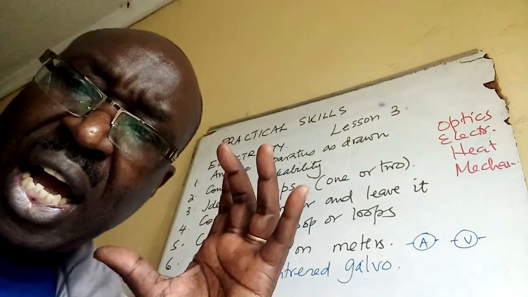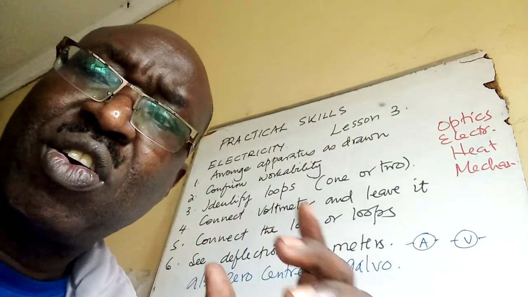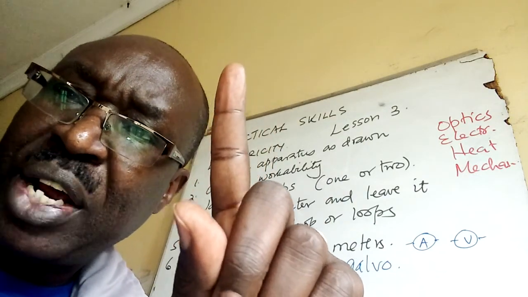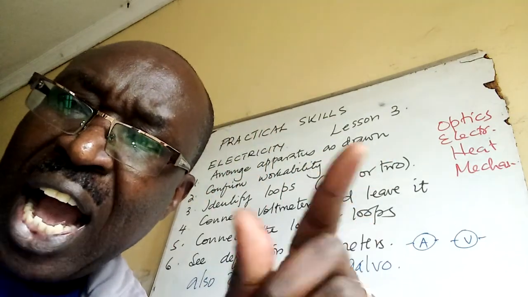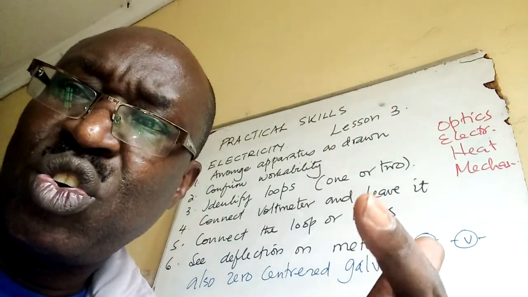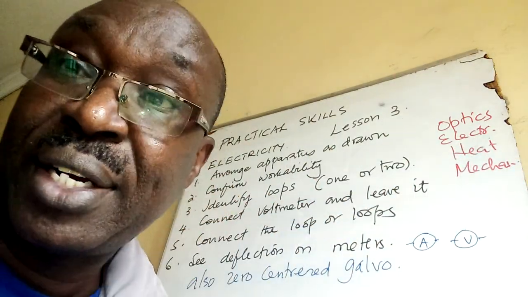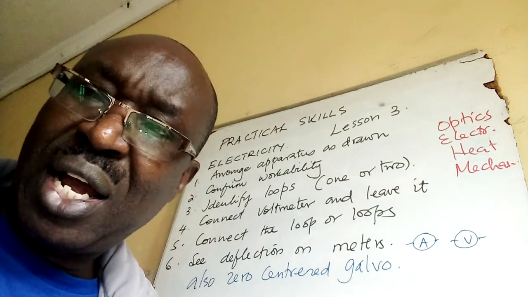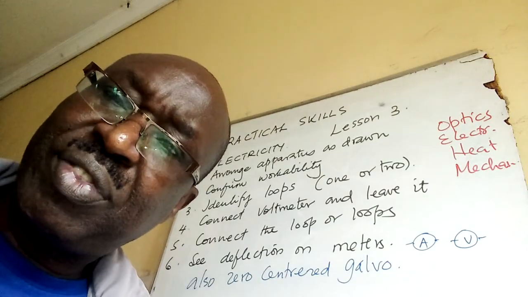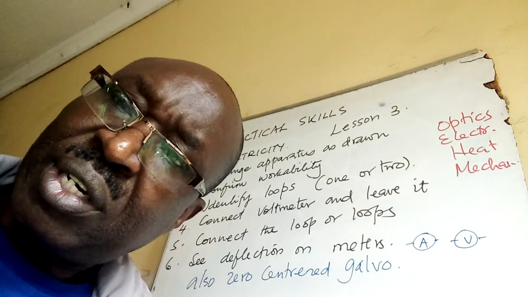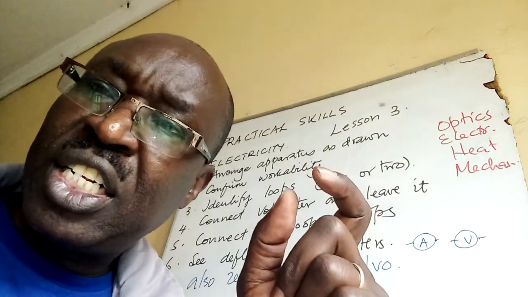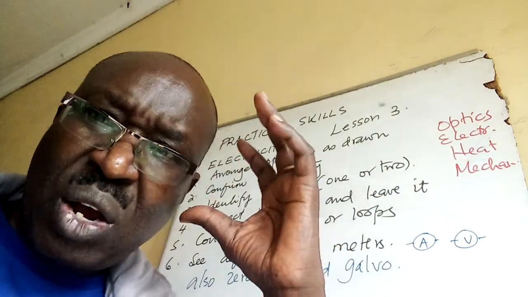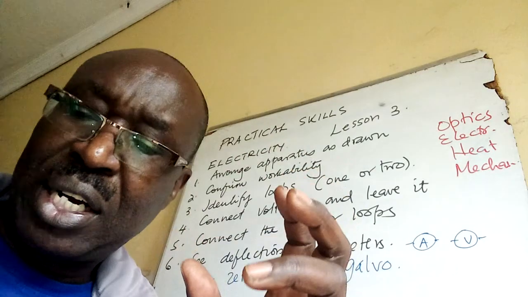So when you have a zero-centered galvanometer, something should click in your mind. There is likely to be a deflection, maybe on the left, and in another scenario, it has to deflect to the right. That is its work. And especially when you have things like a capacitor, because there is an action of charging and discharge. Now, if I have that theory, it backs me.